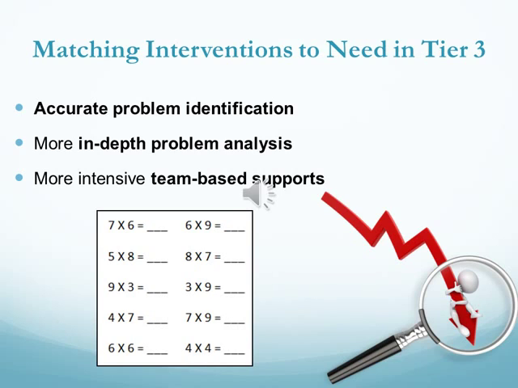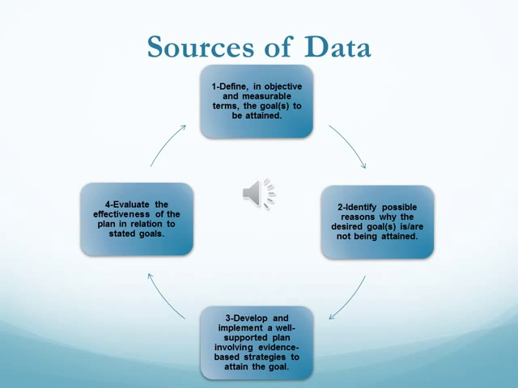Tier 3 will require more intensive team-based support, as more content and pedagogical expertise is necessary to address the need of the student. The problem-solving process continues to be vital in the determinations for instruction and intervention supports provided for the individual student or students. Problem identification and problem analysis will be crucial to the development of a hypothesis prior to implementing the intervention plan.